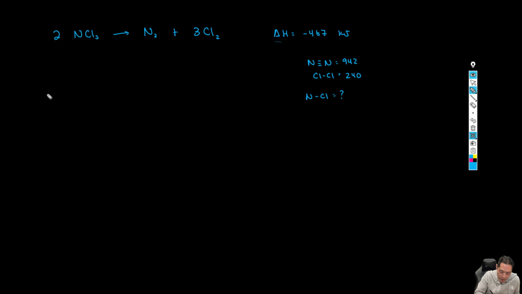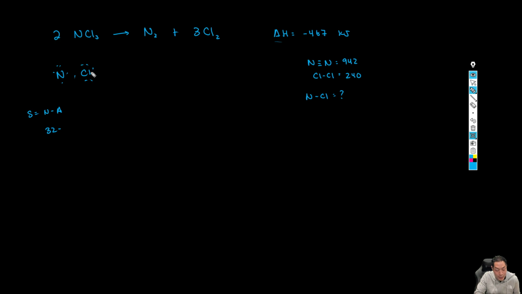So on this side, we have, again, drawing the Lewis structure will help the most. Nitrogen has 1, 2, 3, 4, 5 valence electrons. Chlorine has 1, 2, 3, 4, 5, 6, 7. So if you do SNA, you'll find out that they're going to share. Well, let's just do it. So S equals N minus A. So nitrogen wants 8. Chlorine also wants 8. We have a total of 4. So 4 times 8 is 32.